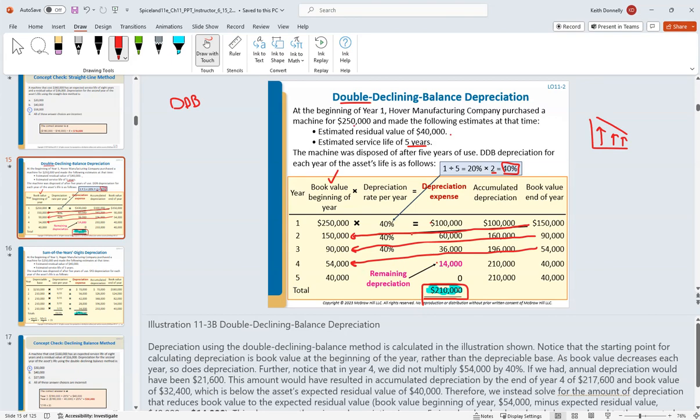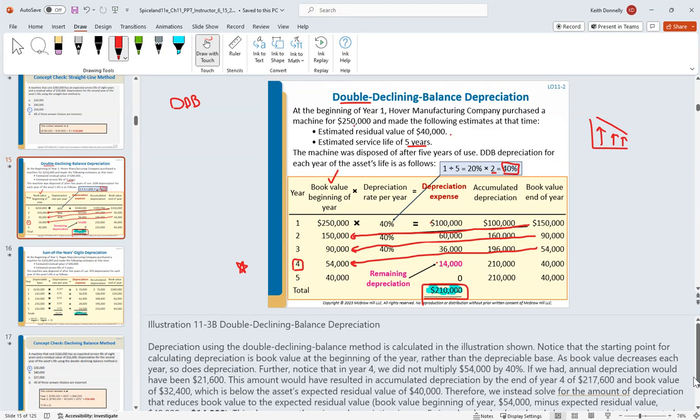So whenever you're running this schedule, line 1, line 2, line 3, if you calculated line 4, I'm going to put a little asterisk there, in the sense that if you ran the numbers with 40%, like it says down here, that would make your total depreciation exceed that $210,000 base.